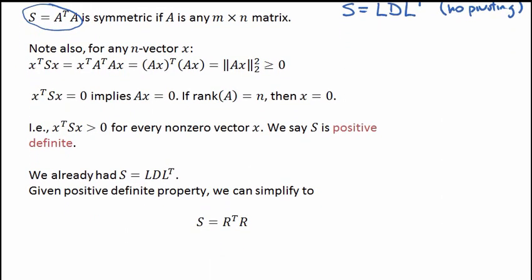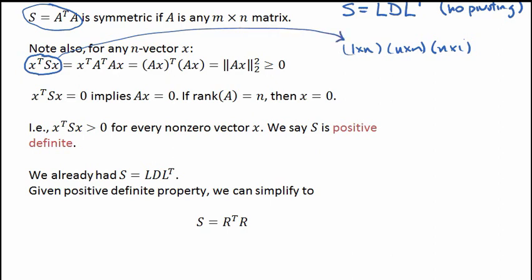So if we look at this S, where it comes from is A transpose A, if we look at this special form here, X has to be an n vector. Remember, S is n by n. So what we have here is 1 by n times n by n times n by 1. That's what's inside this little circle here.